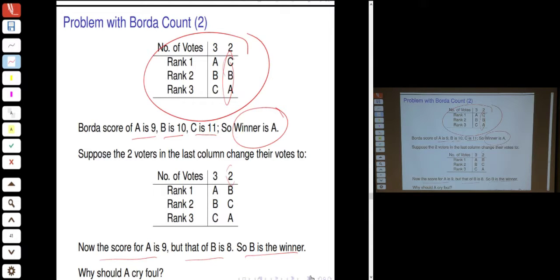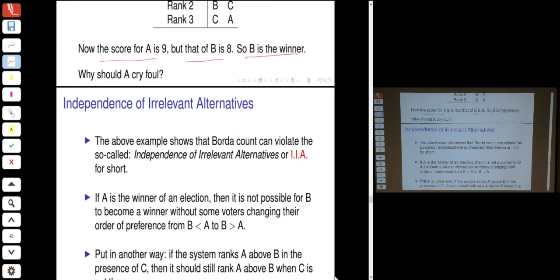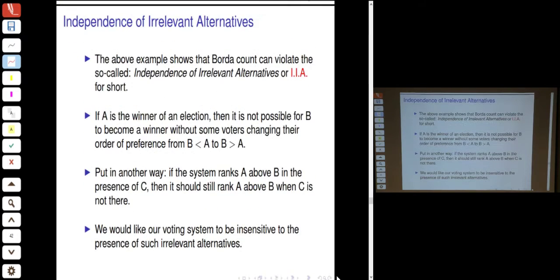But under the Borda count method it actually changes the scores such that the status of A changes from winner to loser. Okay. So this is another problem of Borda count, which brings us to the property of independence of irrelevant alternatives.